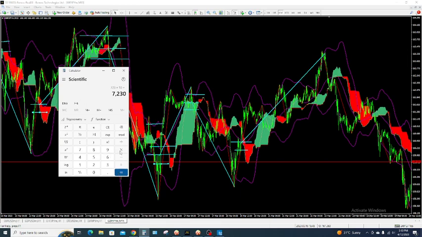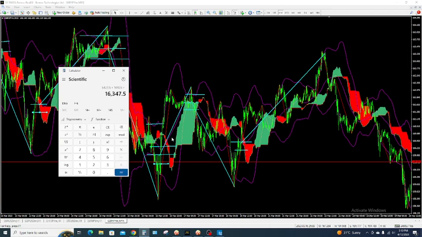Then I remove the commission, the leverage, and the spread of the broker. When you do that, it comes to 5,422 plus 10,000. And I have $10,925. Oh, this is great.